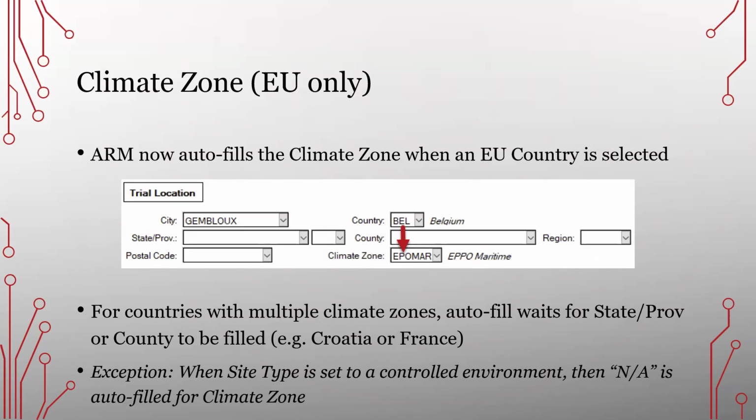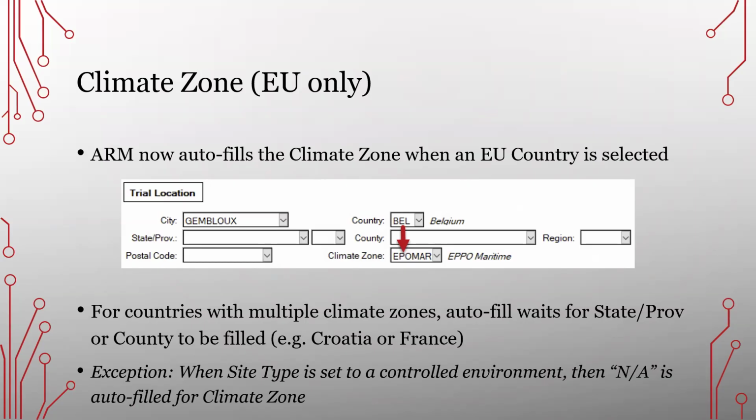And the one caveat here at the bottom: if your site type in this study is one of the controlled environments, if you're doing a greenhouse or a controlled environment study, the climate zone doesn't matter, right? You're controlling the climate, so it is irrelevant where that controlled environment is.